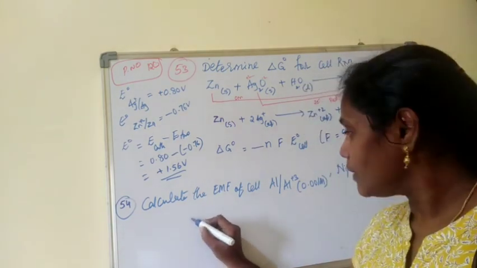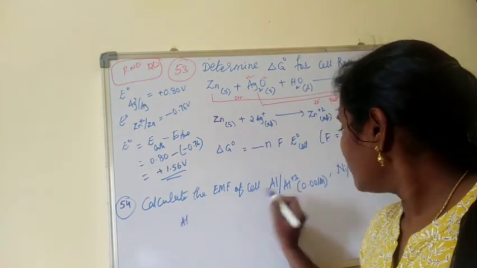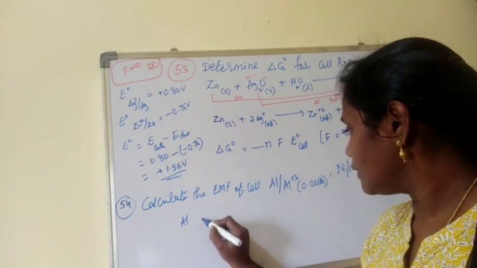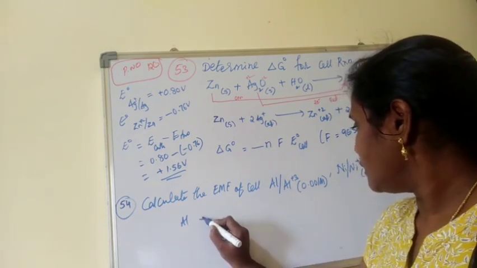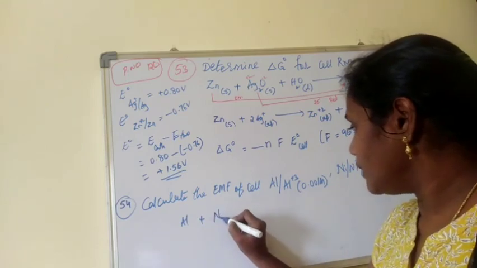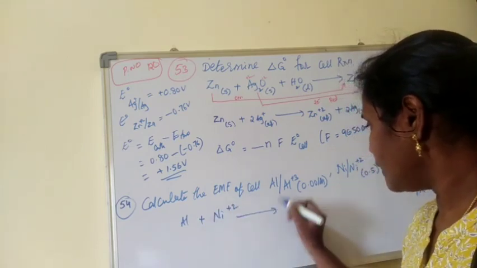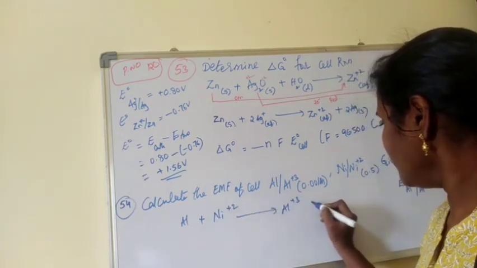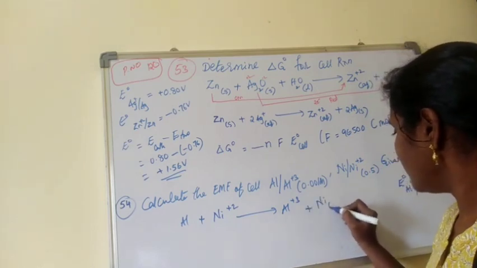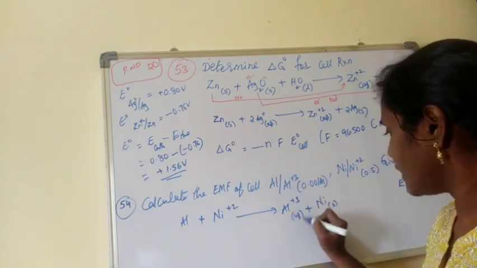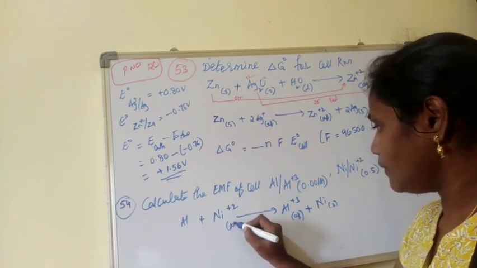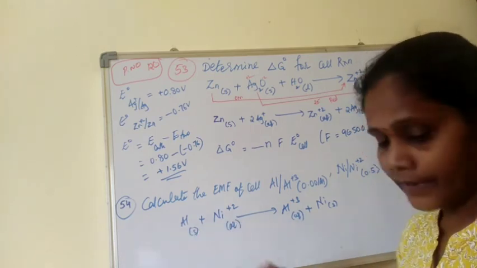Aluminium is a reactant, then nickel plus 2 is converting into Al plus 3 plus nickel, because this is solid and this is aqueous.